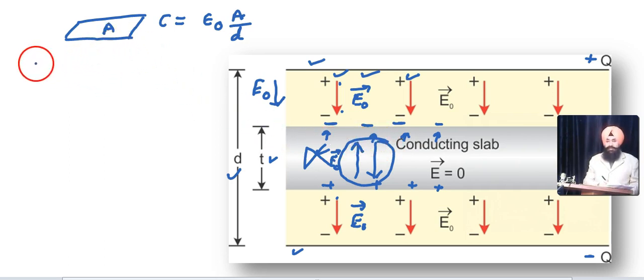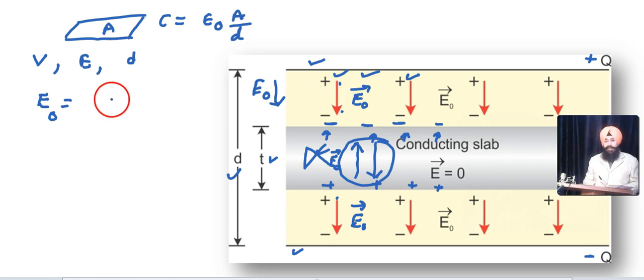Now the relation between potential, electric field and distance. The electric field is potential over distance. So the field is E naught, and E naught is potential over distance. Now you know what is the distance where the field is present. It is not the full d space, because in the t space there is no field. The field is only in d minus t.